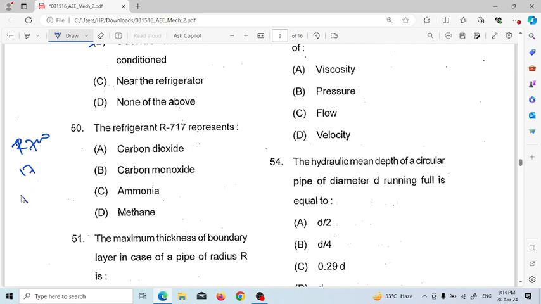NH3, ammonia: nitrogen is 14 and hydrogen 1 into 3 is 3, so 17. So R700 plus 17 means R717, that means ammonia. So option C is the correct answer.